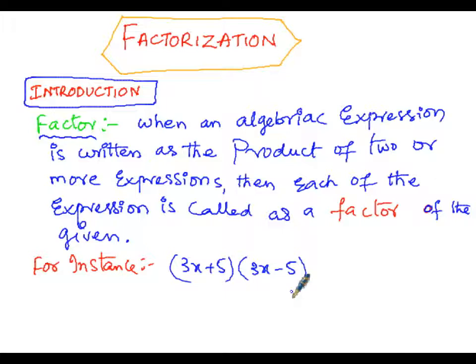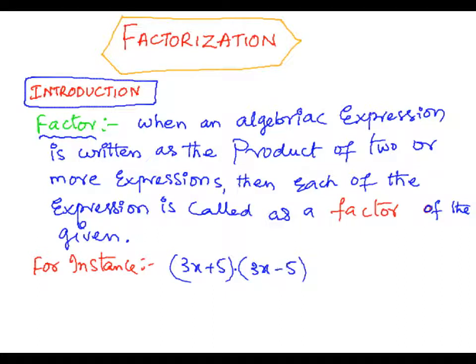Let us find the product of these two algebraic binomial expressions. The first expression consists of two terms, so it is a binomial, and the second expression is also a binomial since it consists of two terms. We have to multiply these two expressions, but they are in the form of a plus b into a minus b, because a represents 3x and b represents 5, but one has a plus sign and the other a minus sign.